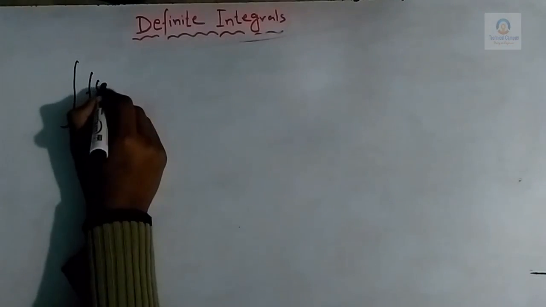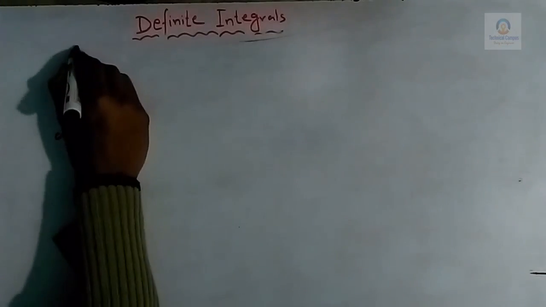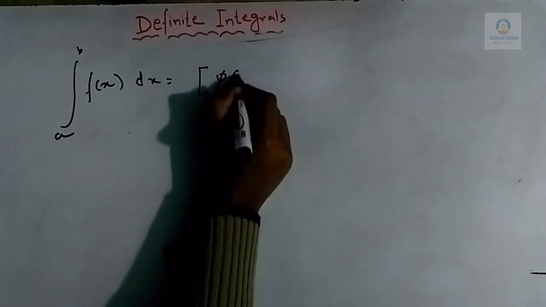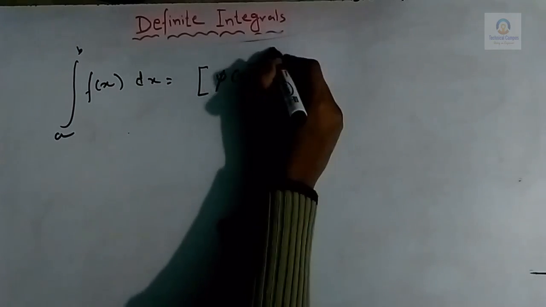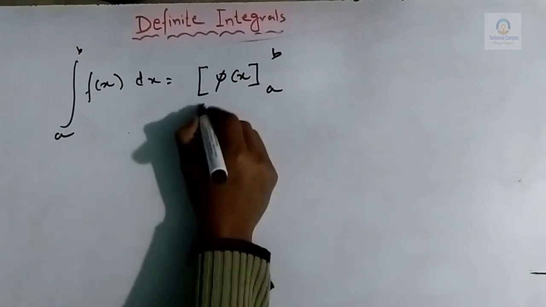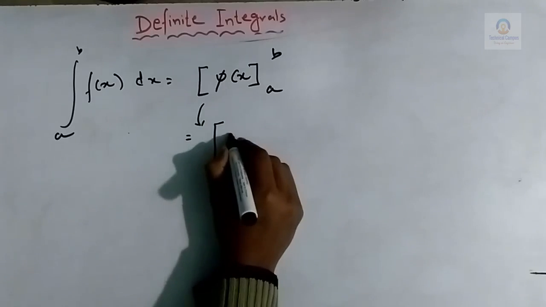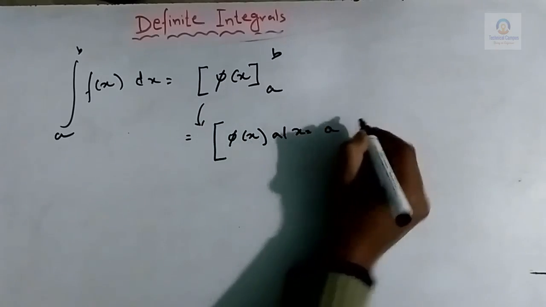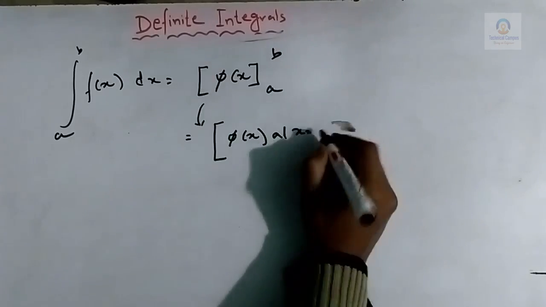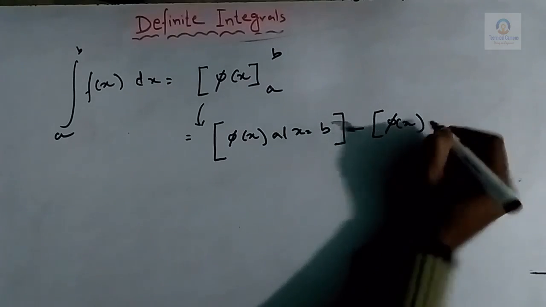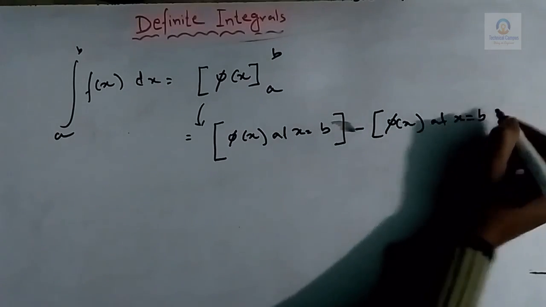We have just learned that the integration of f of x from a to b can be written as phi of x between a and b. This means the value of the function phi of x at the upper limit, that is b, minus the value of phi of x at the lower limit, a.